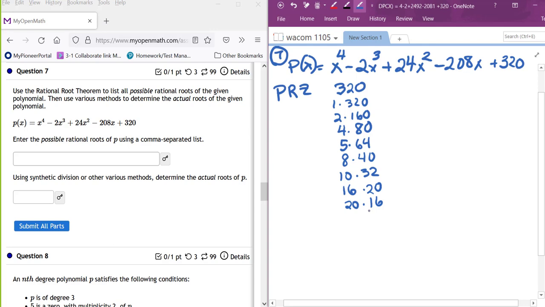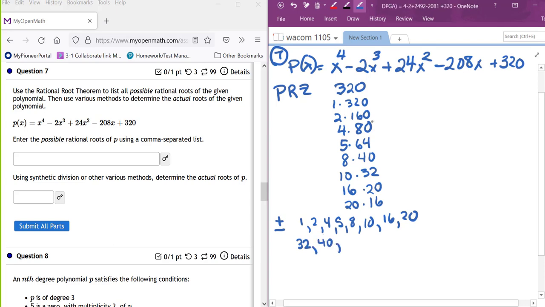For your possible rational zeros, remember you have plus and minus with all of these. So 1, 2, 4, 5, 8, 10, 16, 20, we got the 16, we got the 20, 32, 40.